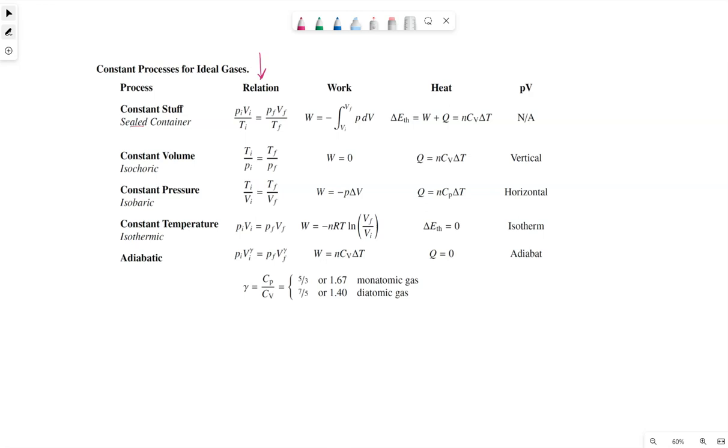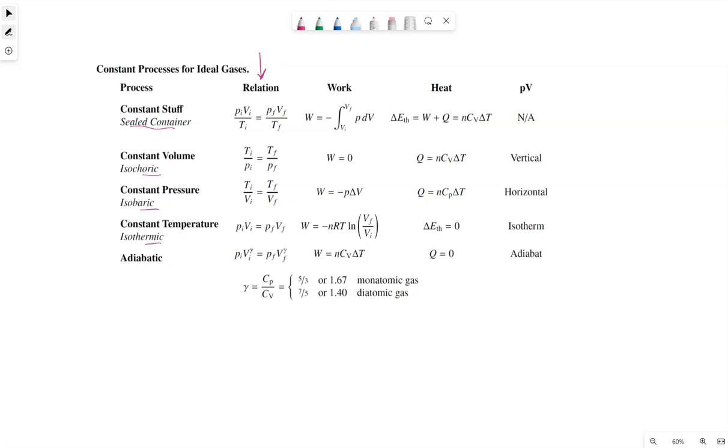We've talked about just a sealed container where only the number of moles stays constant, constant volume, constant pressure, constant temperature. We have not talked about adiabatic yet, but we will in just a minute.